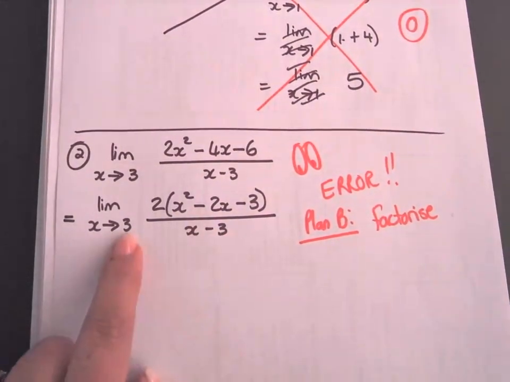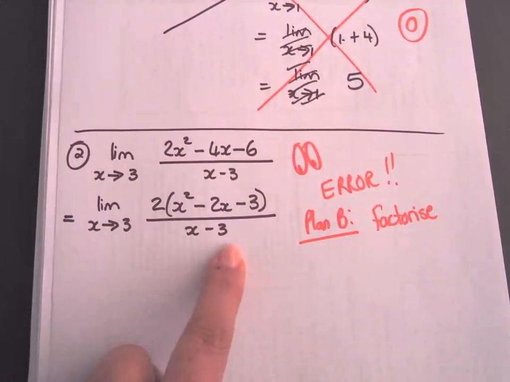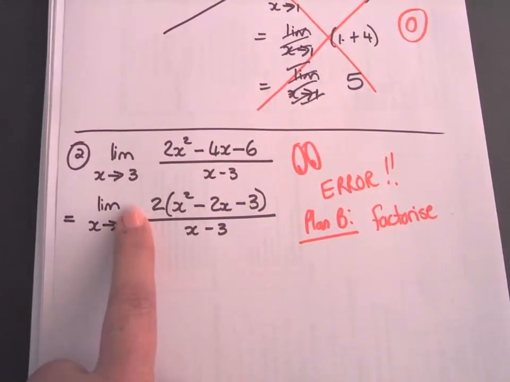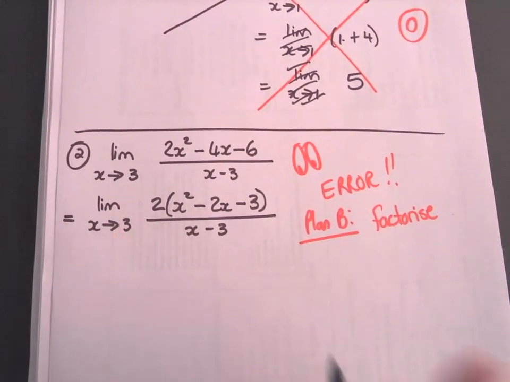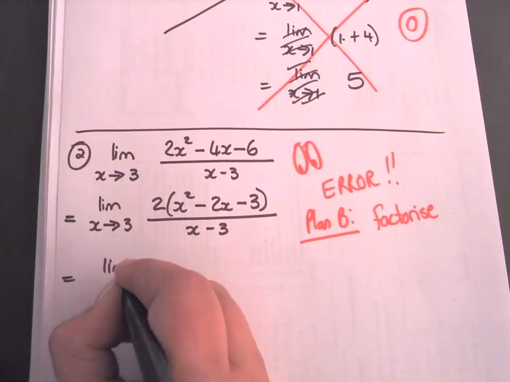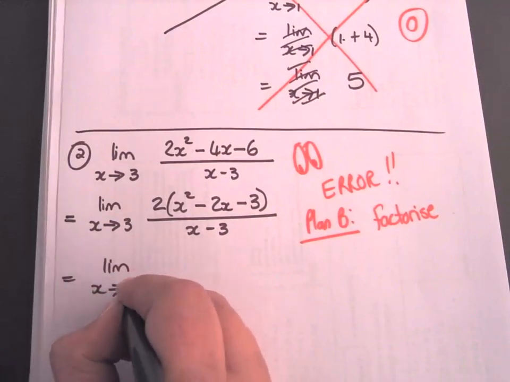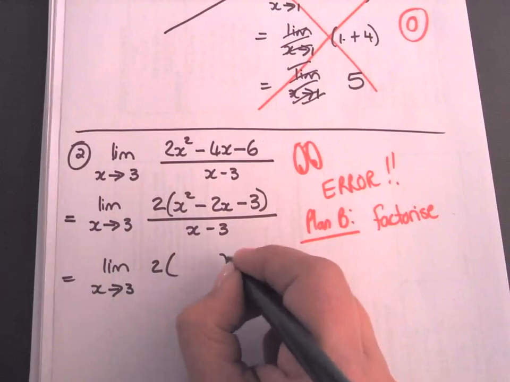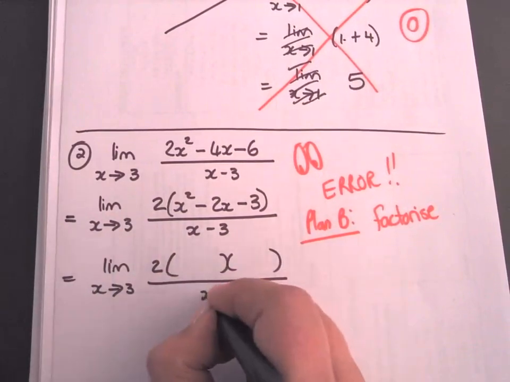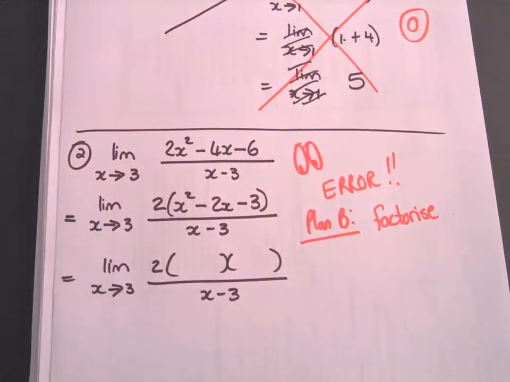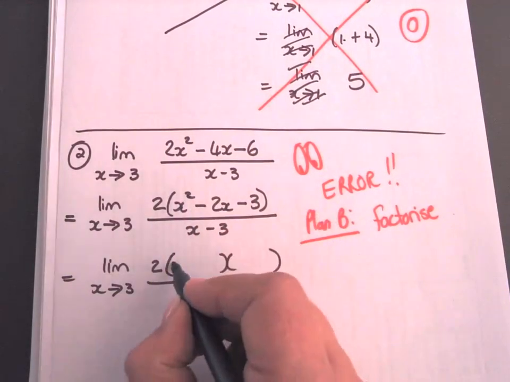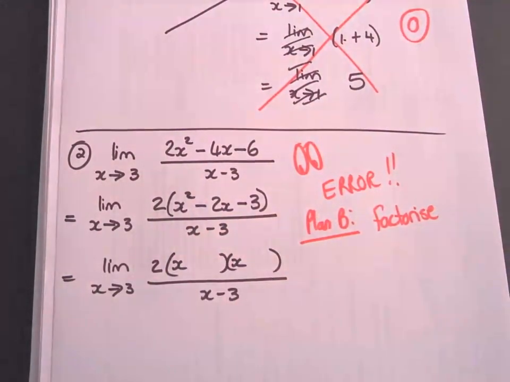Okay. Am I going to substitute the 3 in? No. Must I still write the notation? Yes. Lim x tends to 3, 2 times the bracket over x minus 3. Okay, if I factorize the trinomial, x squared is x times x.